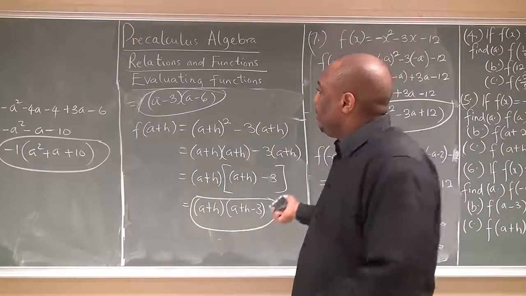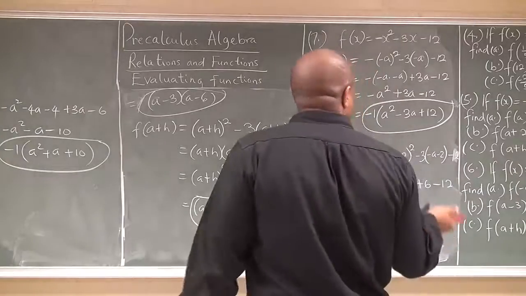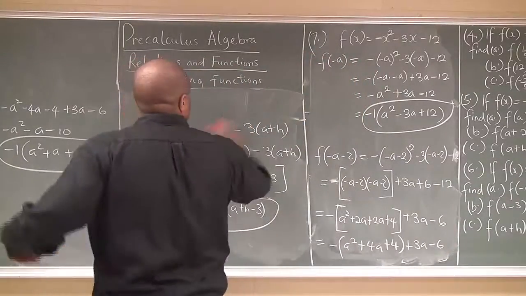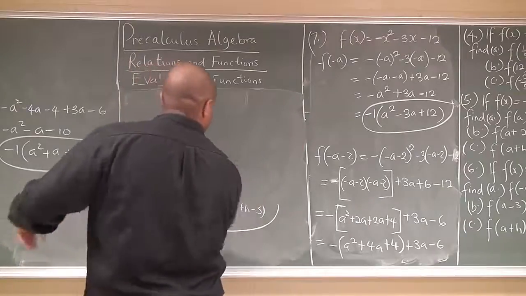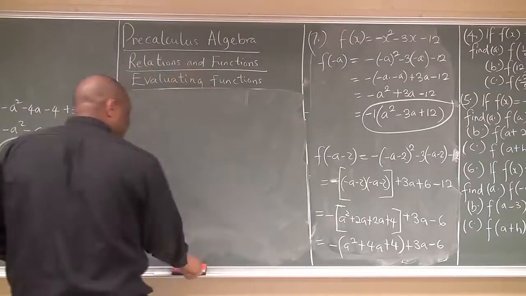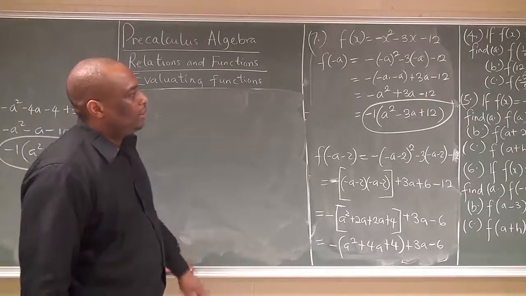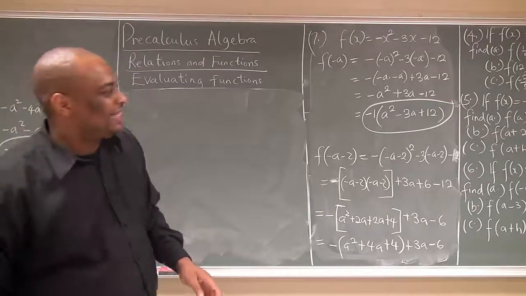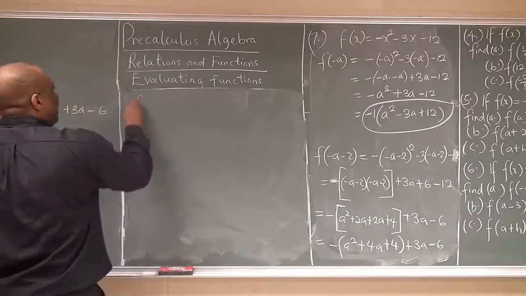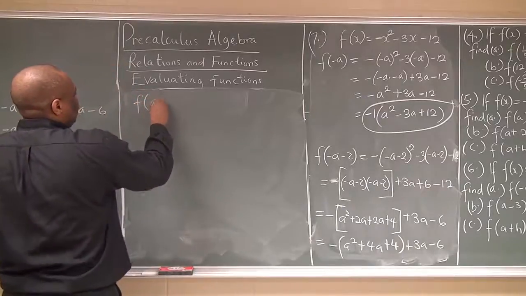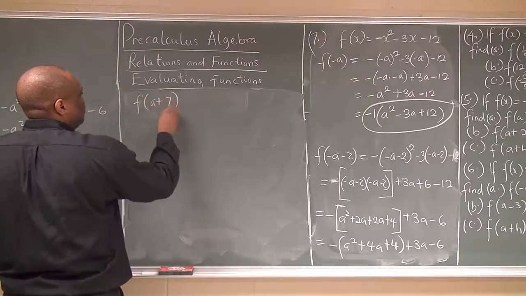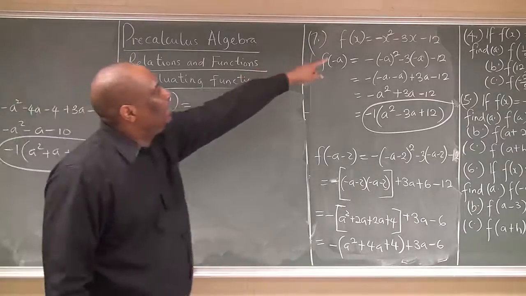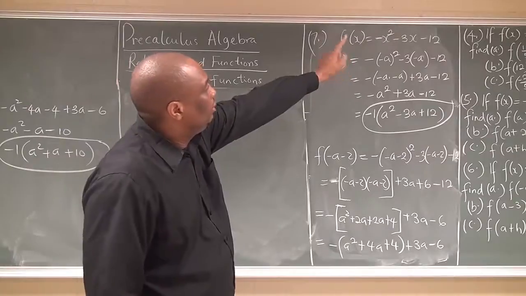Okay. Alright. The next one is f of, next one still under this question 7. All these questions have kids. They have kids like 7a, 7b, 7c. Okay, f of a plus 7, right? Means you look at the definition, the rule.